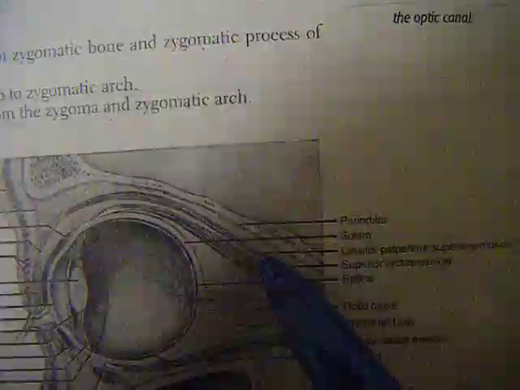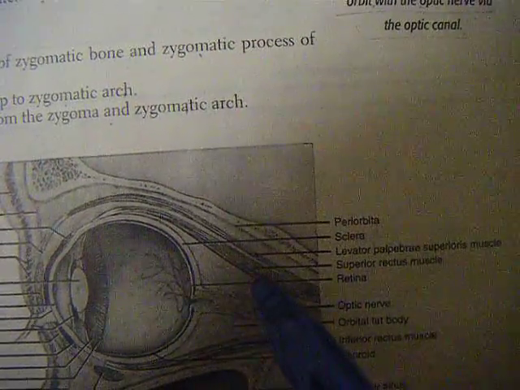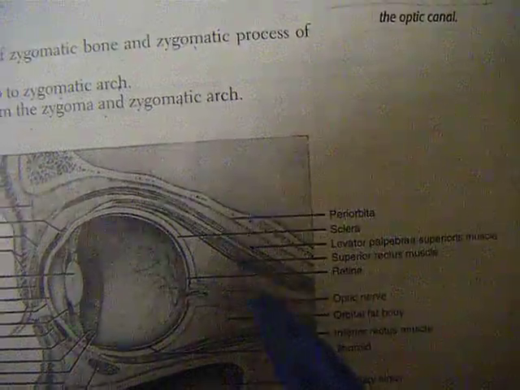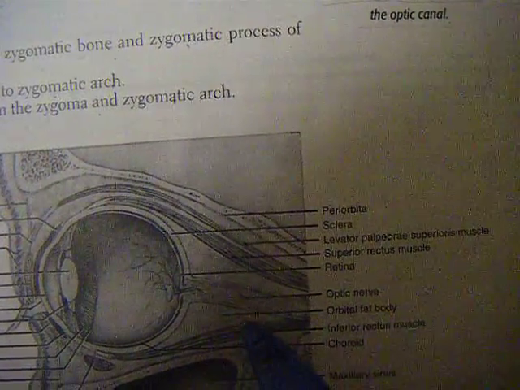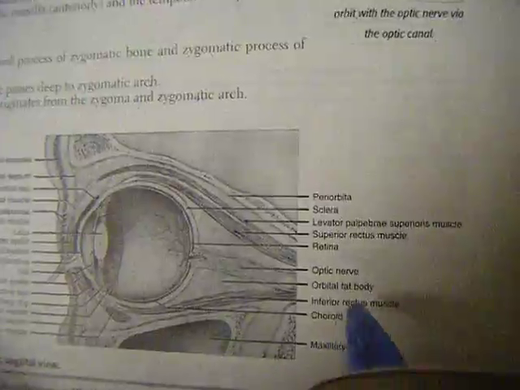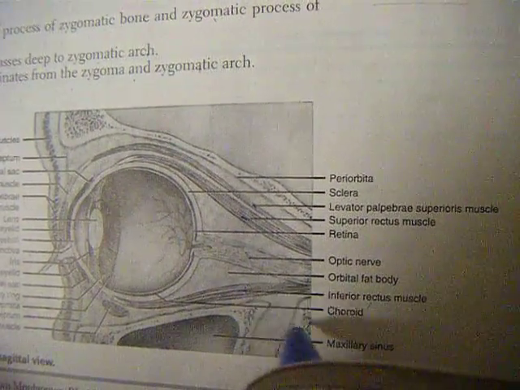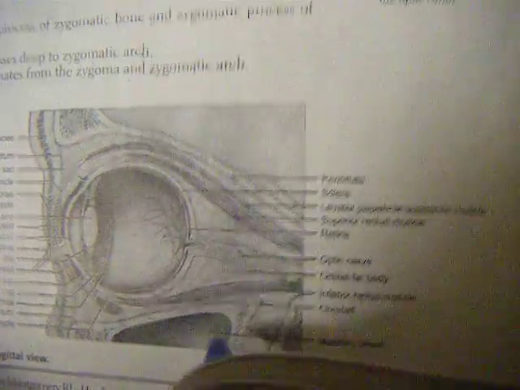This is the levator palpebrae superioris muscle. This is the superior oblique muscle, superior rectus muscle. This is the optic nerve. Then this is the inferior rectus muscle. And this is the maxillary sinus.